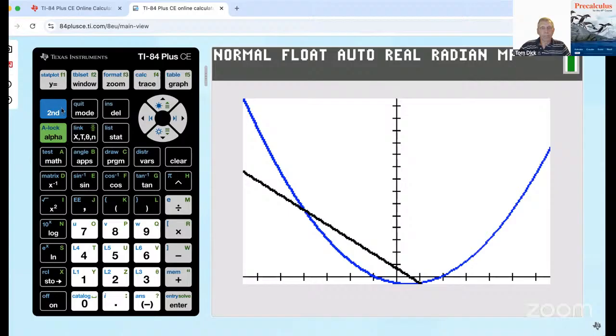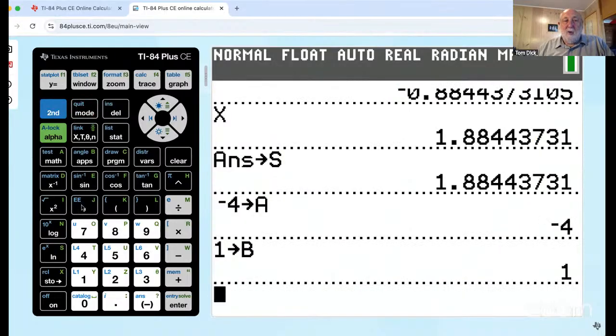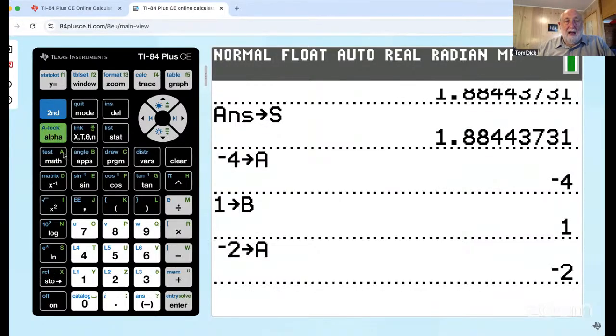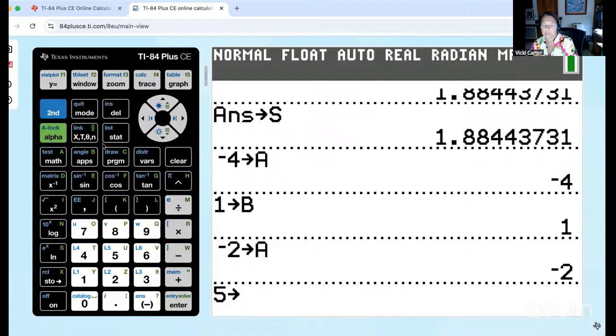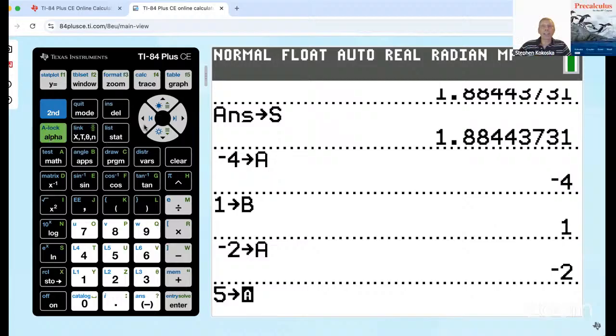So, for example, if I went to the calculator screen and stored, say, -2 for A and +2 for B. Oops, that's a 5, but that might work too.